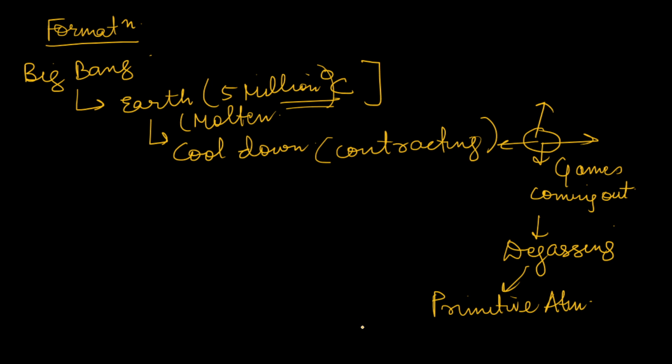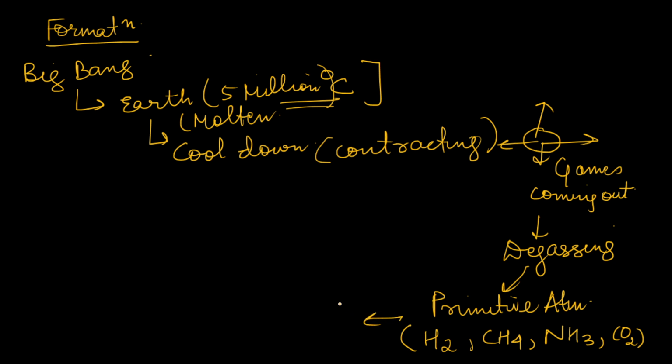In the primitive atmosphere, you will see gases such as H2, CH4, that is methane, NH3, that is ammonia, and CO2, that is carbon dioxide. These were the primary gases in the primitive atmosphere.